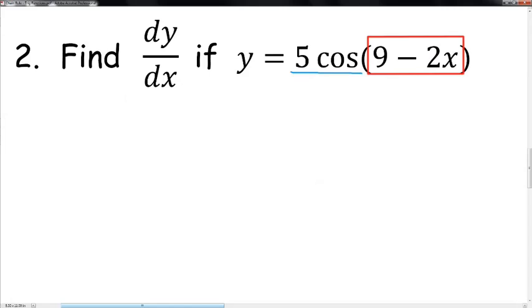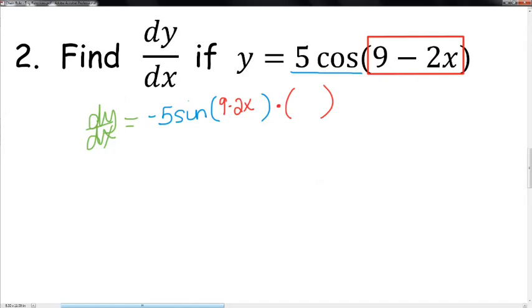So y prime, so dy dx is equal to, the derivative of cosine is negative sine, so we have negative 5 sine, and then I'm just going to rewrite my chocolate, 9 minus 2x, and then I'm going to multiply it by the derivative of my chocolate, in this case negative 2.